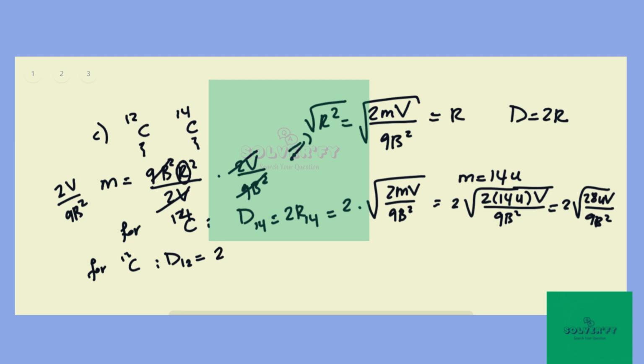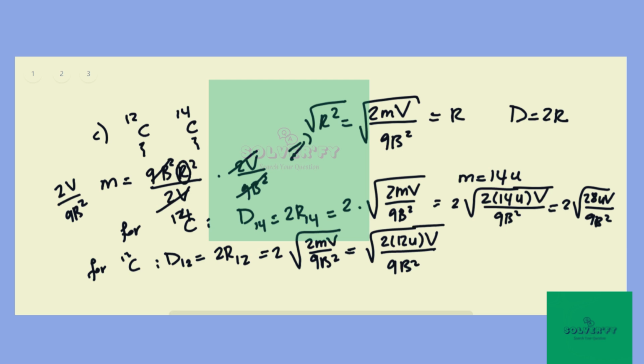So now if we do the same thing for our carbon-12, D12 would be twice our 12. It will be 2 times the square root of 2mV over qB squared. That would be equal to, m being 12u now, 2 times the square root of 2 times 12u times V over qB squared.